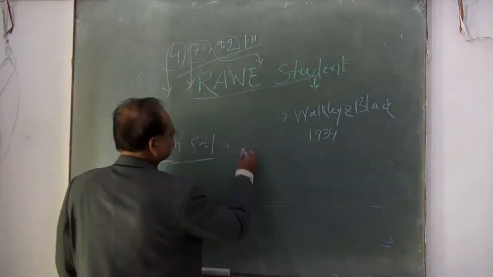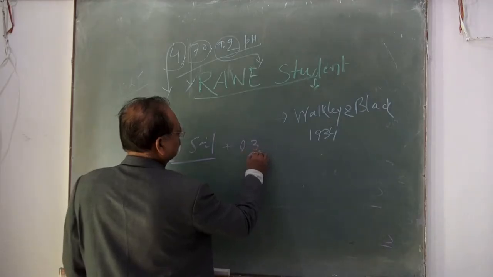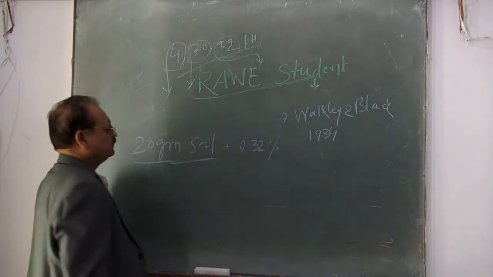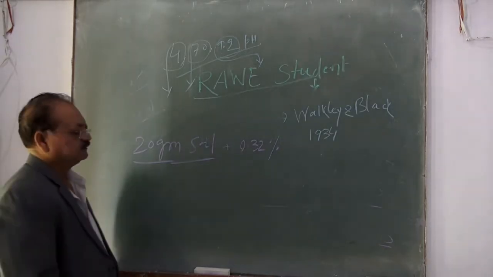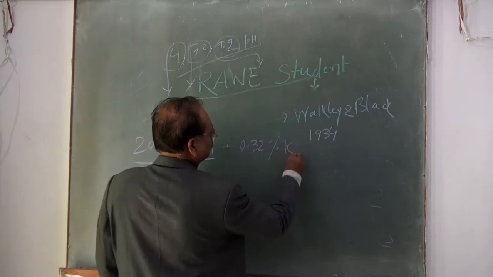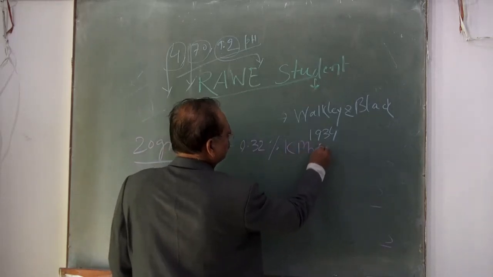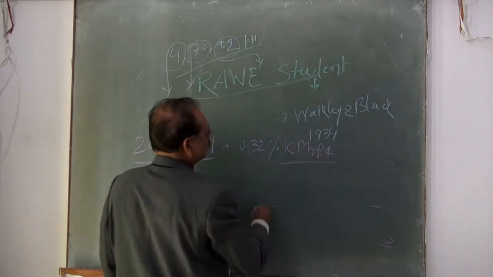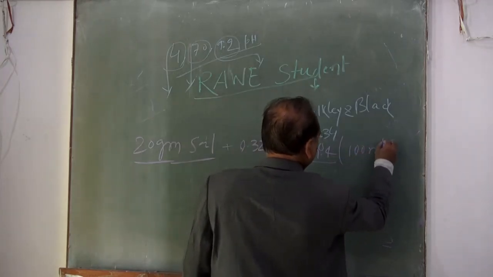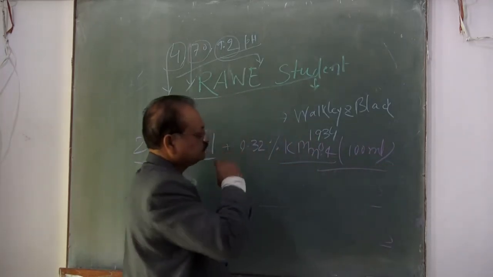Then add 0.32% potassium permanganate, KMnO4, 100 ml.